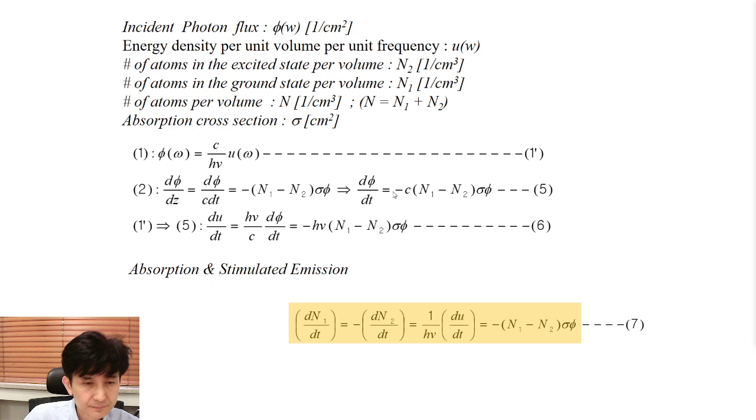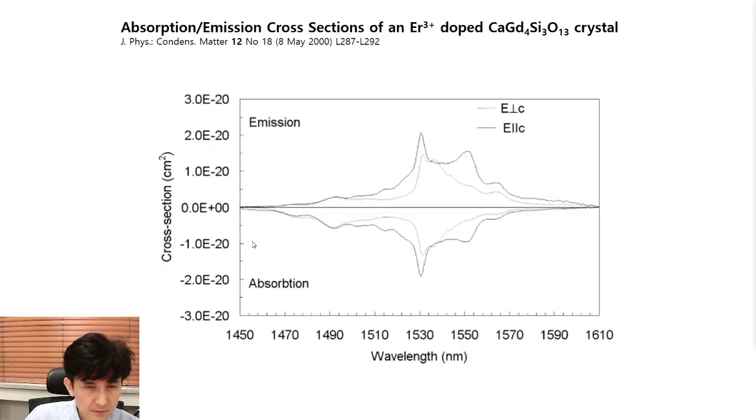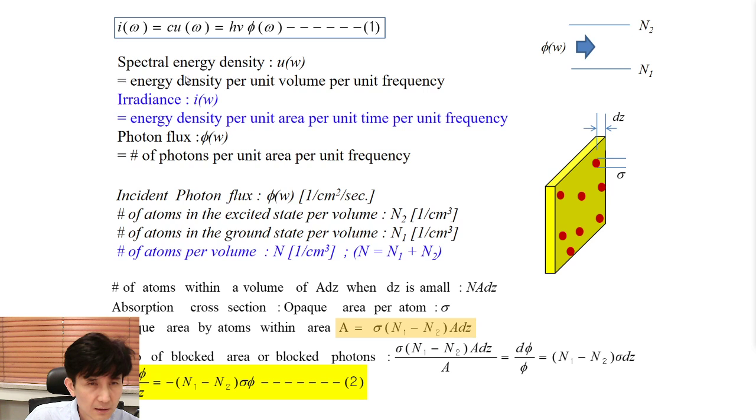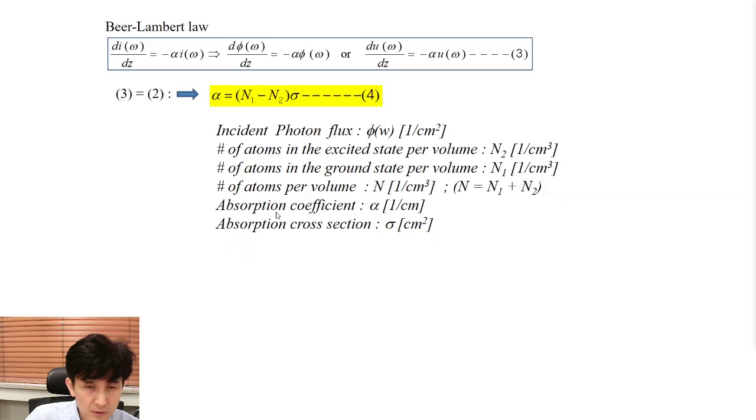That is, u is h mu times phi, so du over dt is h mu times d phi over dt. Phi is equal to c over h mu times u, so replace phi with u.